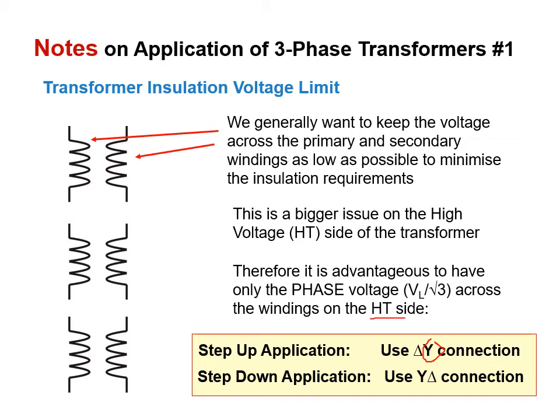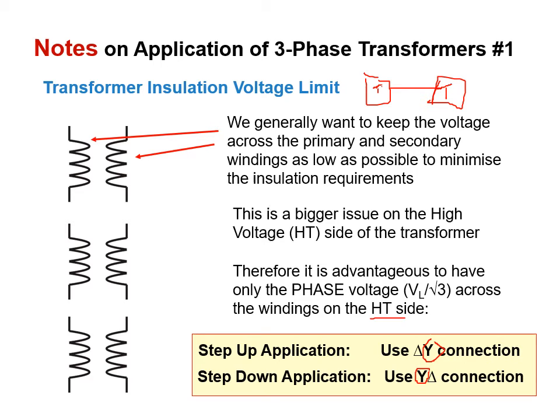And similarly, when we're stepping down from a transmission line at a substation to a lower voltage, then we would want the Y connection on the primary side. So imagine we've got some transformer, a transmission line, and another transformer.